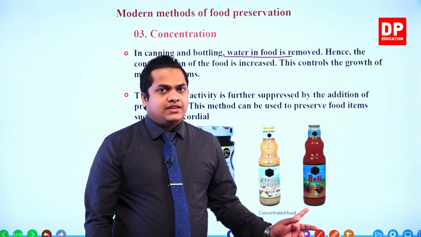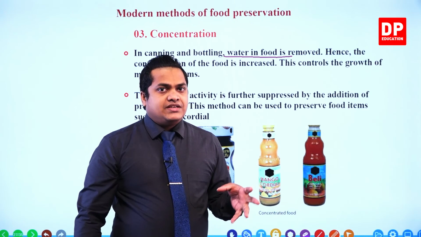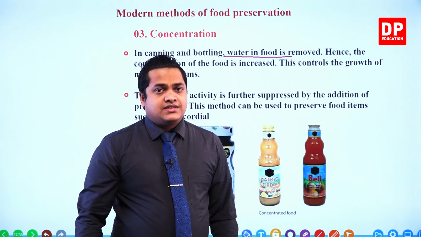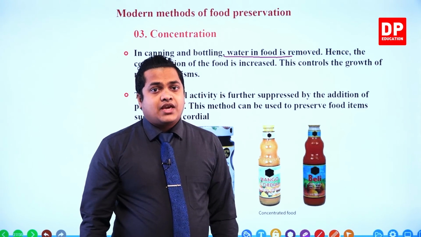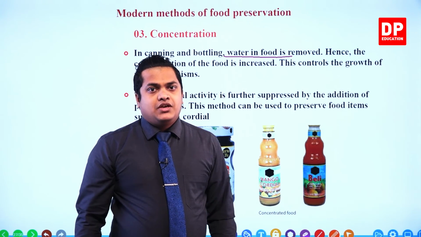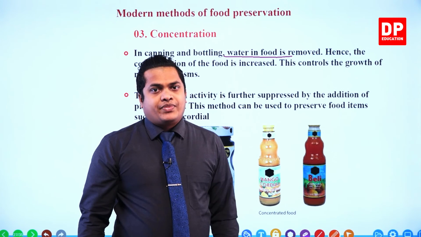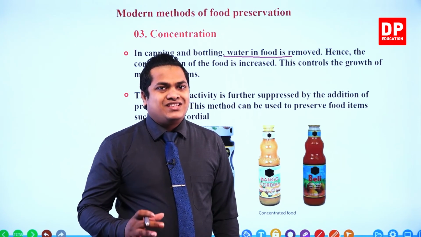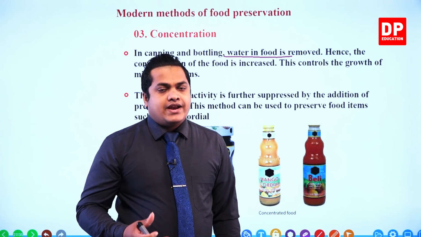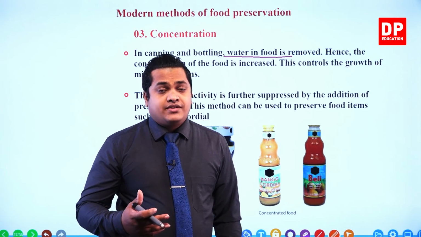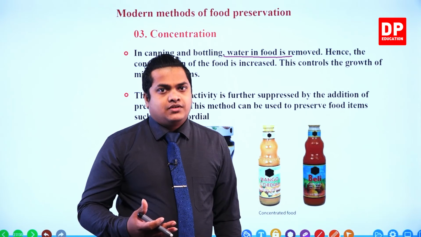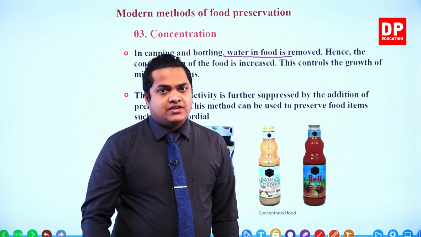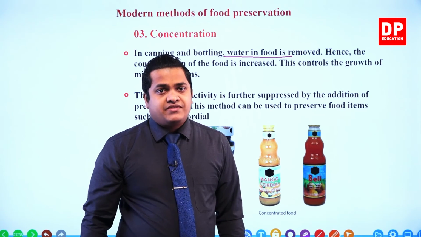Like I said earlier, when we discussed the modern trends of food preservation, adding different chemicals can also be used to minimize the growth of microorganisms. This applies especially when you are making jam, cordial, and concentrated food juices. When making these, we add these chemicals, which are called preservatives.